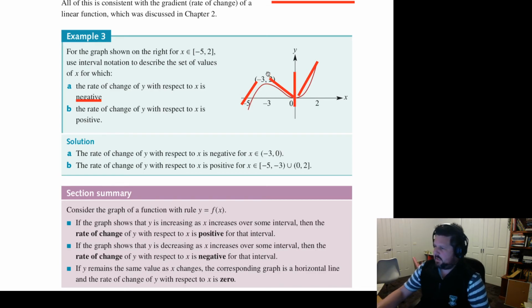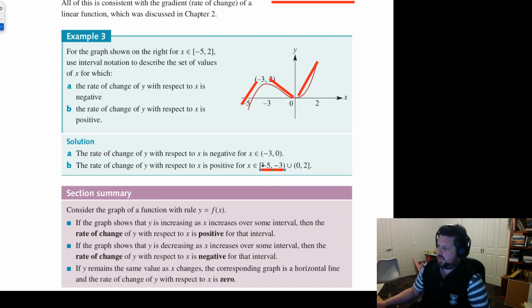The last part is asking, what is the rate of change of y with respect to x when it is positive? Okay, so again, we're looking for where it's positive. It's positive between -5 and -3, and it's positive between 0 and 2. So again, to write this using the interval notation, you would say between -5 and -3.